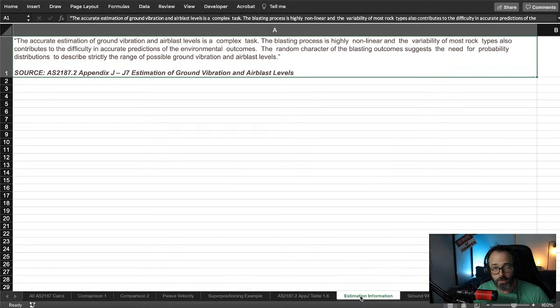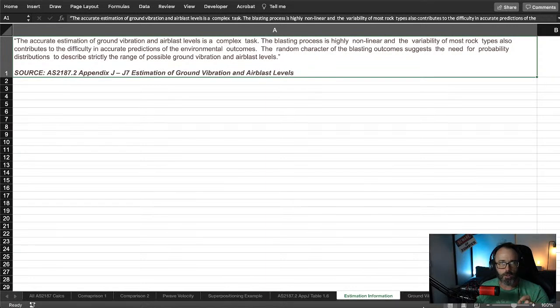This appendix of the standard is the best thing to reference, the best place to start. Just ignore what other people say. Go and read the standard for yourself. Even ignore what I've said in this video, which seems a bit pointless to say, but just read the standard and get your head around it, because the standard and this appendix have stacks of information in them.